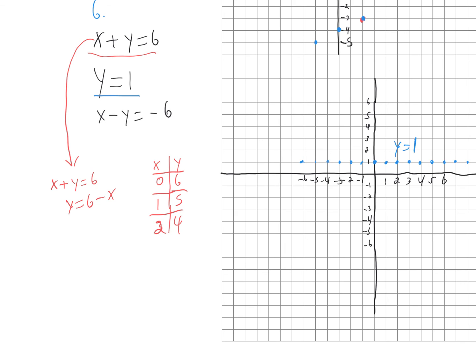So now I have those 3 points: 0, +6, right here. 1, +5, right there. 2, positive 4, right there. We can keep this table of values going, but we can clearly see that as x is going up by 1, y is going down by 1. So we're going to continue the pattern like this.